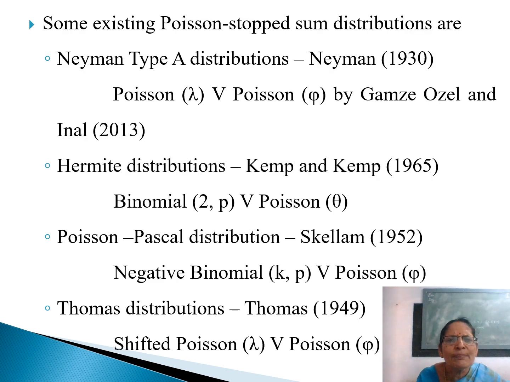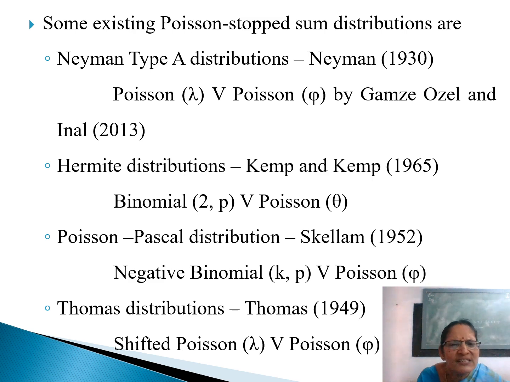Some existing Poisson stopped sum distributions are the Neyman type A distribution introduced by Neyman in 1939, that is Poisson of lambda versus Poisson of phi, by Gómez-Déniz and others in 2013; and the Hermite distribution introduced by Kemp and Kemp in 1965, that is binomial of 2, p versus Poisson of theta.